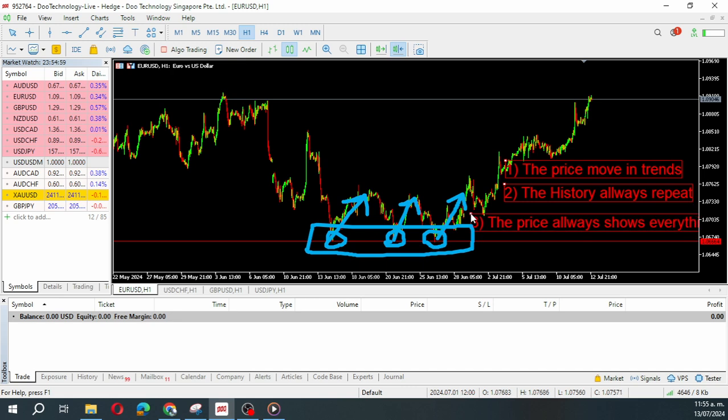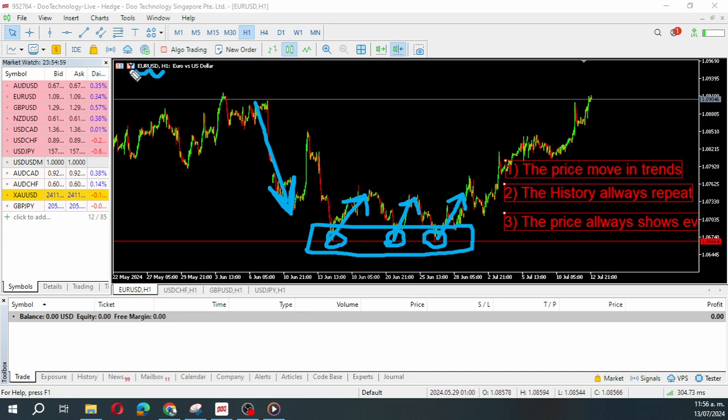And the last one is the price always shows everything. That's what it means. That means that the price is showing us what is going on with the symbol, right? So the price is showing us the movement of Euro USD, right? If you see a downtrend, it is because the euro is weaker against the USD.